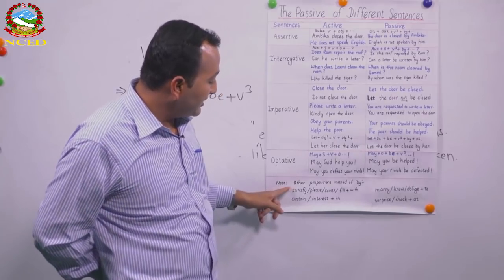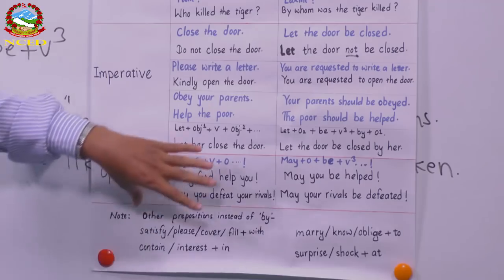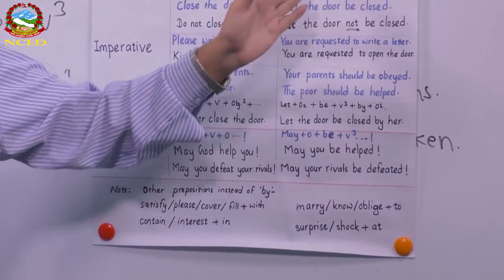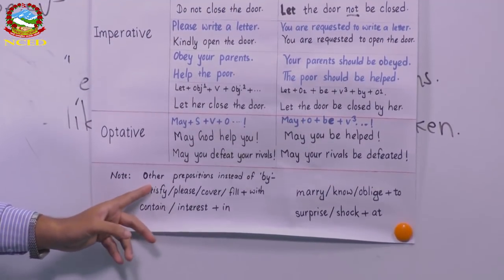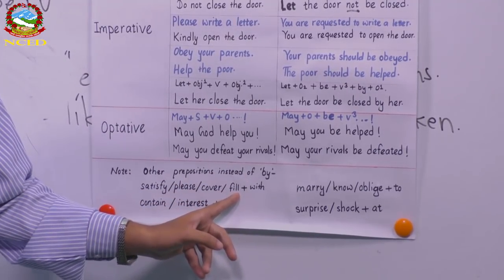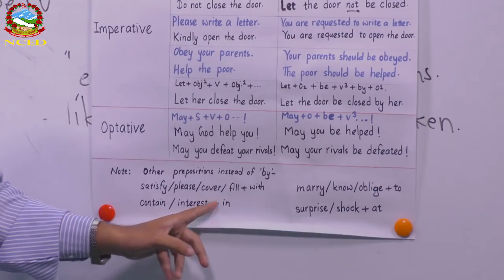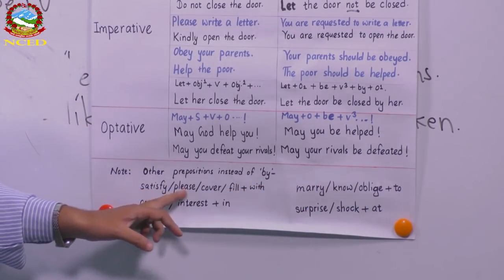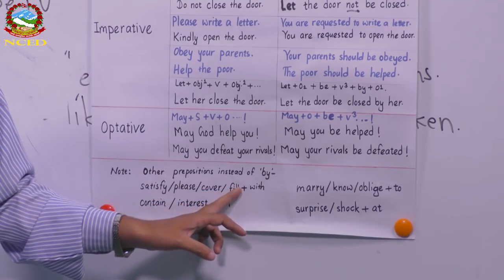And in the note section, I have tried to include the prepositions used without by. Mostly we write by plus agent, by plus subject, as we have told. But here, there are some verbs which do not need by, but we use with, in, to or at, like satisfy, please, cover, fill, with.